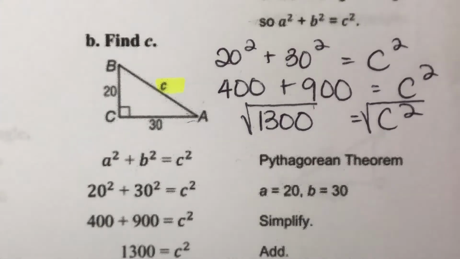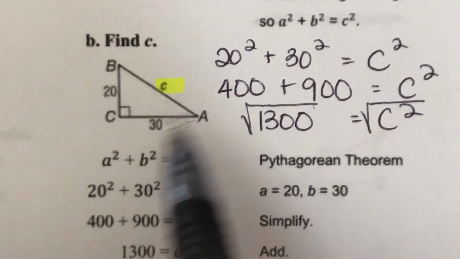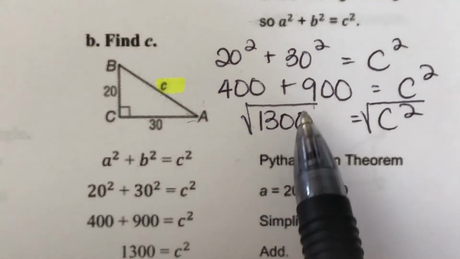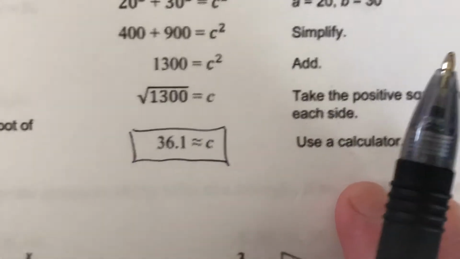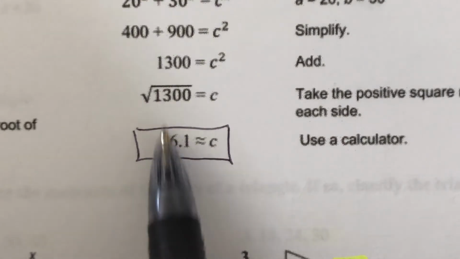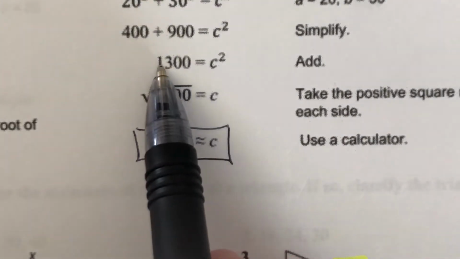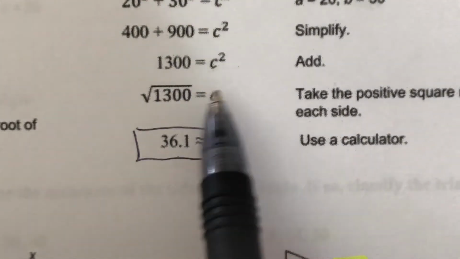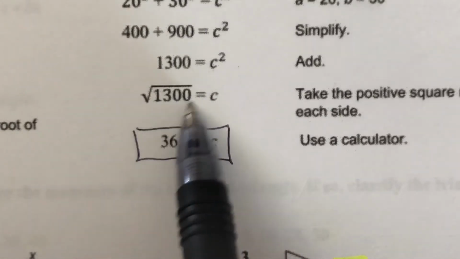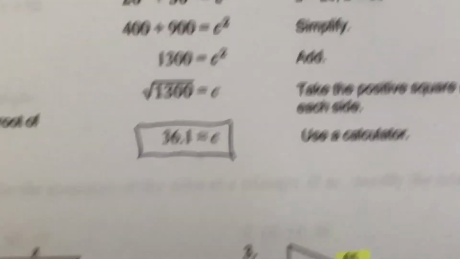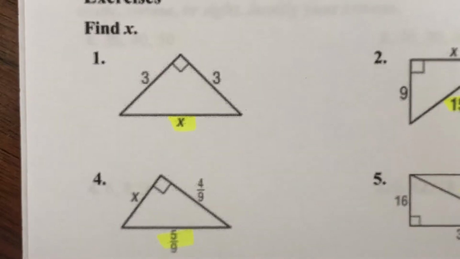I don't know what that means. But if they said he's about 36.1 inches tall, you can figure out, okay, he's about 3 feet tall, right? That's a little bit easier. So when it refers to something tangible you can touch, then we are going to estimate it. So 1,300 equals c squared, take the square root of both sides, and then we estimated this. Okay, so for all of these, we're going to do the exact same thing.